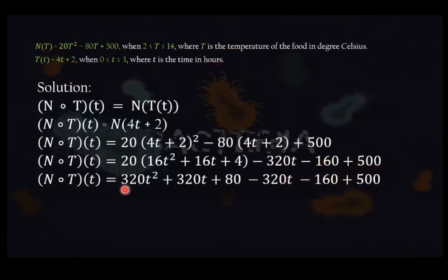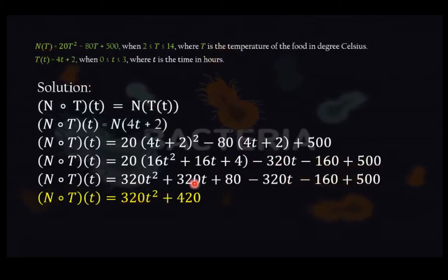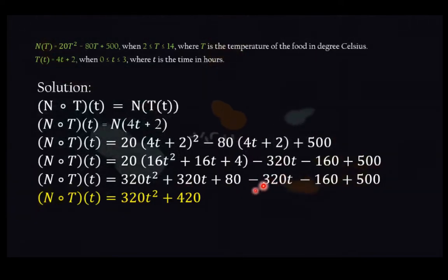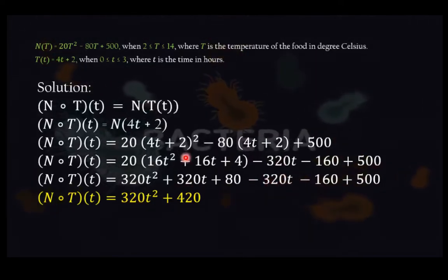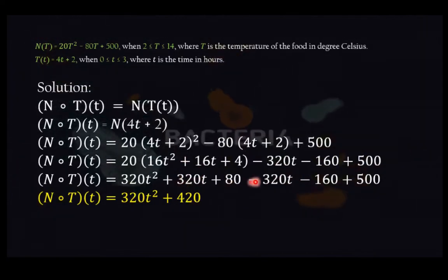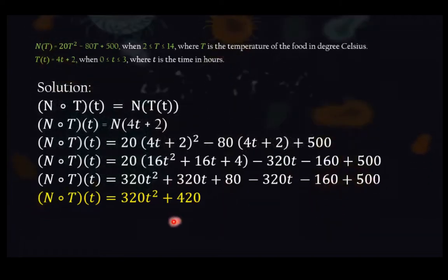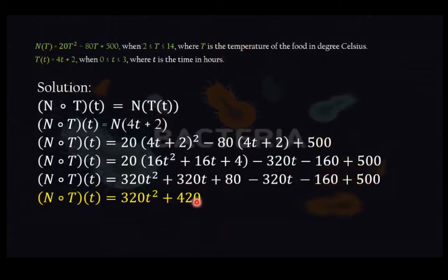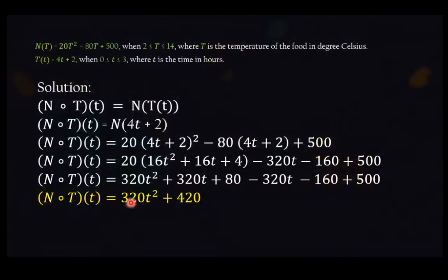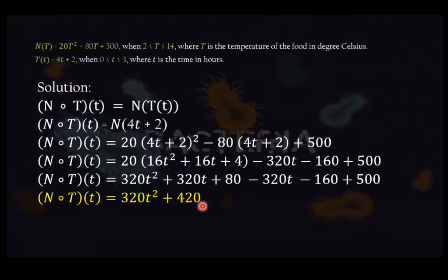Since 320t squared has no like term, we just keep it. However, 320t and negative 320t cancel out because they have the same value. Then 80 minus 160 plus 500 is 420. So, the final equation for this problem is 320t squared plus 420.